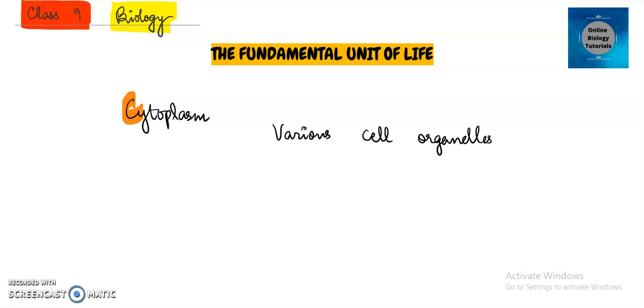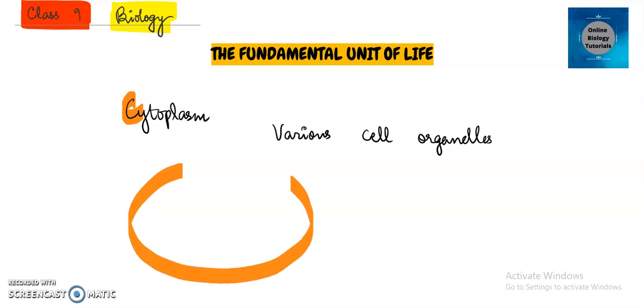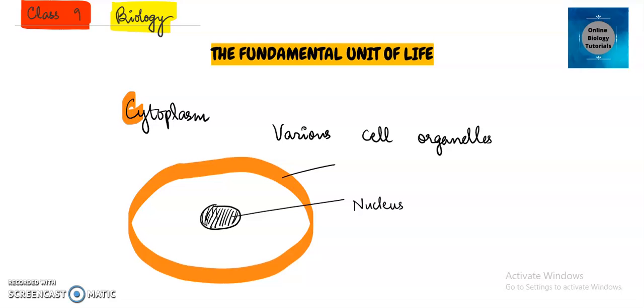Now, what is cytoplasm? This is a cell that I have made, and this is the centrally placed nucleus. That means I have drawn the animal cell right now. Okay, so this centrally placed structure is the nucleus, and this is known as the plasma membrane.